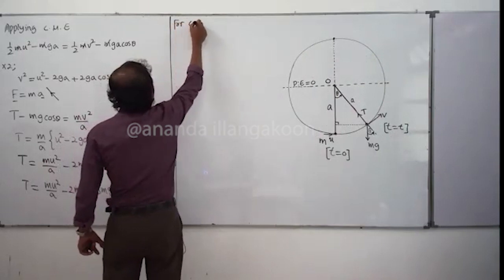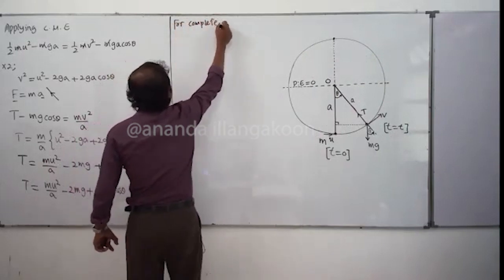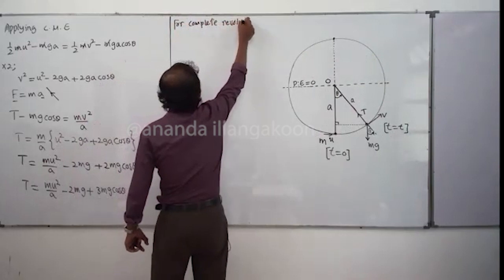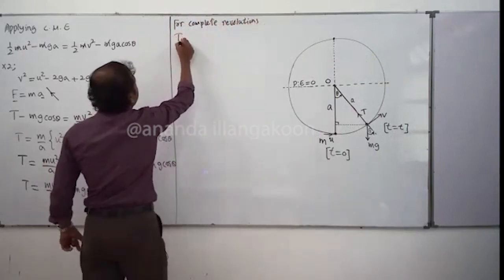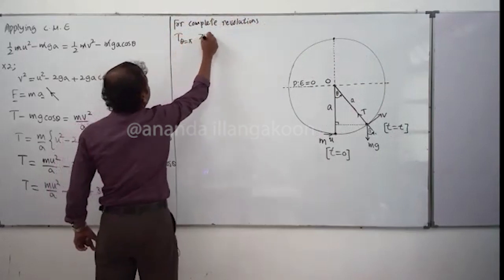The condition required for complete revolution: T at theta equals pi should be greater than or equal to 0.